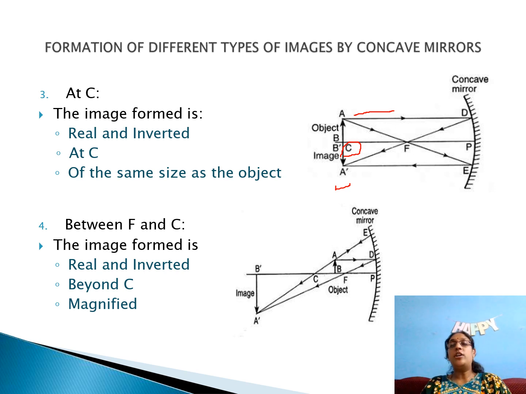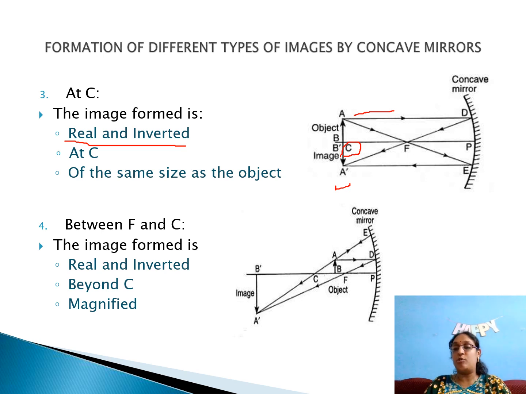Got it? So what about the characteristics of the image? This is also real and inverted. And what is different here is, in the last two cases, we saw a change in the position of the image. The image is not formed exactly at the object position itself.